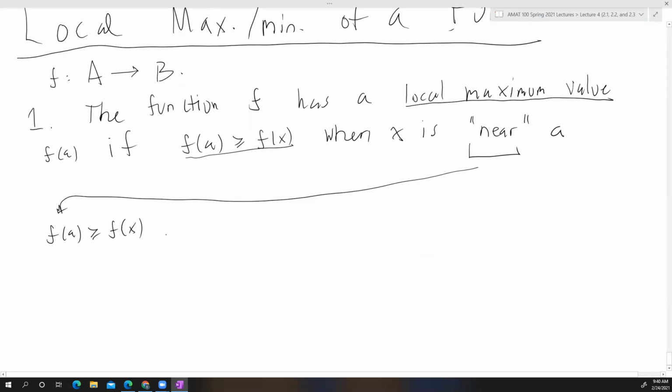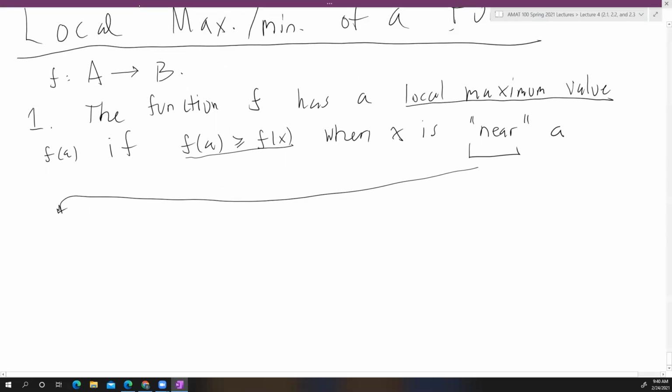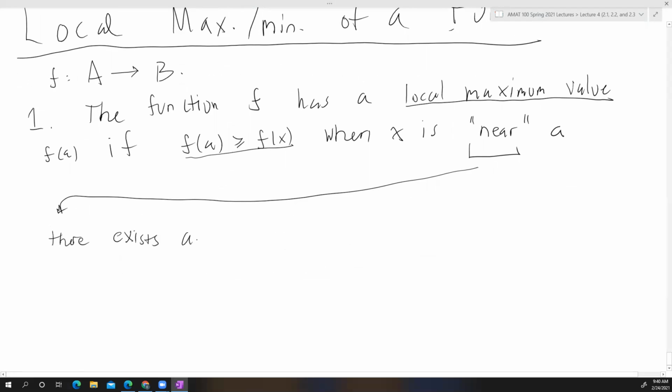Near just means, well, actually, I want to say it means that there exists an interval, I should say open interval. This is important that the interval is open.